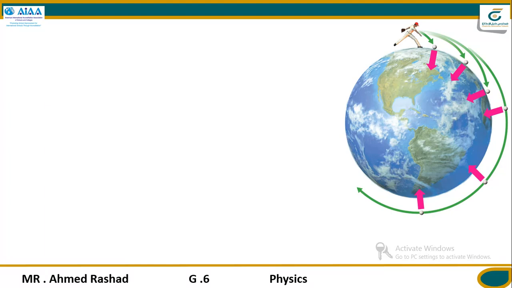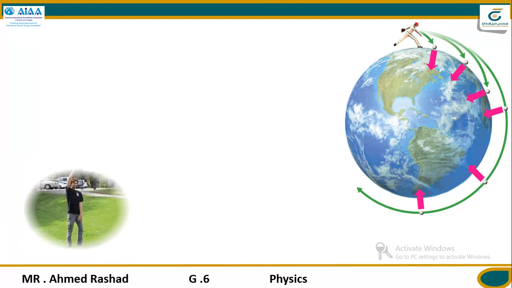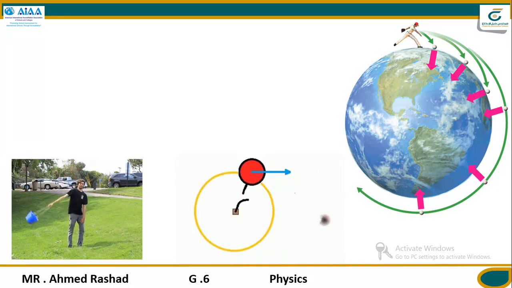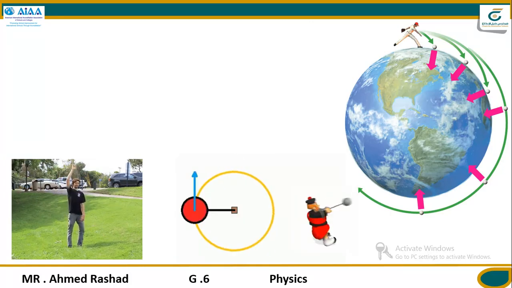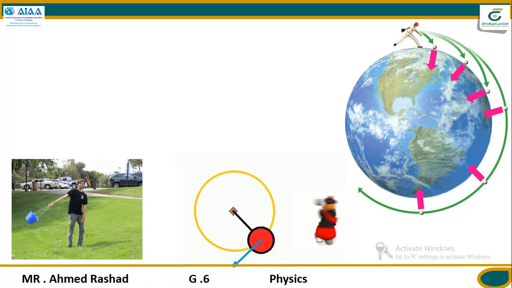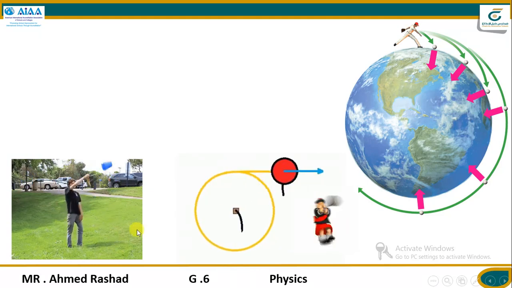Next step to understanding circular motion, we should know the meaning of circular motion. You can watch here in this video how circular motion happens. You can keep thinking about how this movement happens.